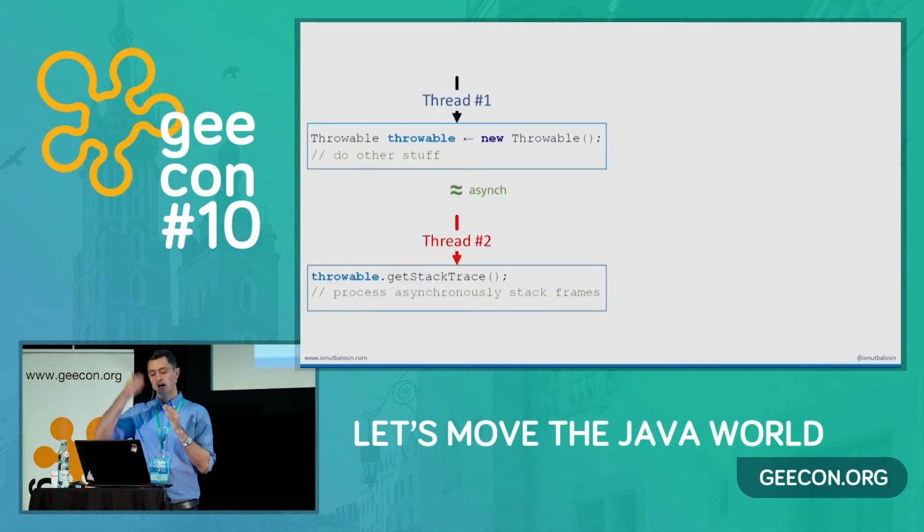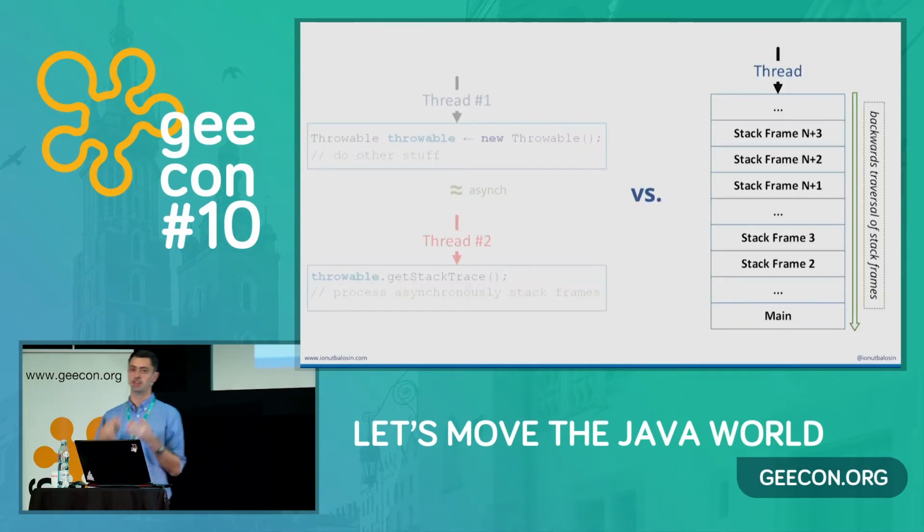Suppose you are on thread 1, you create this throwable, and it only creates the throwable, and dispatches the instance to another thread and tries to process the frames in an asynchronous manner using the classical API, versus the synchronous version with the StackWalker, because with StackWalker you need to process it synchronously, on the caller thread all the time, because otherwise you might get inconsistencies. So this is the idea, throwing something and processing it asynchronously versus processing it synchronously using the StackWalker API.